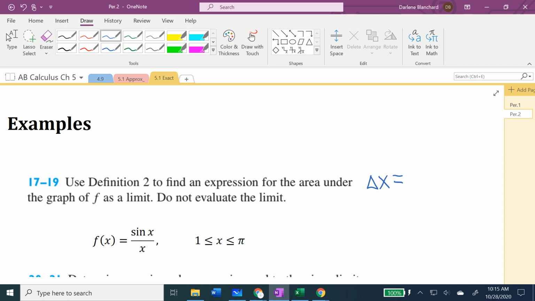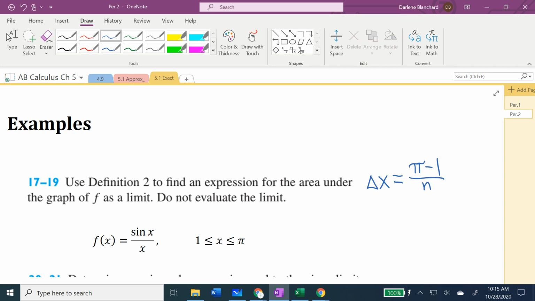You can't just combine pi and 1 unless you use a decimal number, and we're staying away from a decimal number because that's an approximation. So b minus a cut up into n pieces. Pi minus 1 is a number, but we're not able to just combine those two to make a nice looking number that is not a decimal.